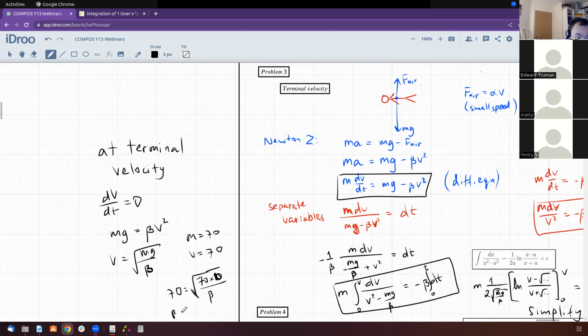So you can work out beta equal to square root of 7, which is approximately 2.65. I forgot the square root of 7. Shame on me. 2.65. All right.